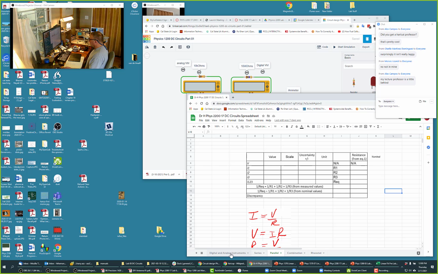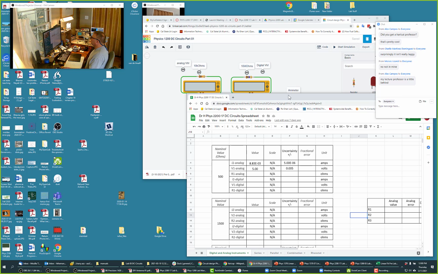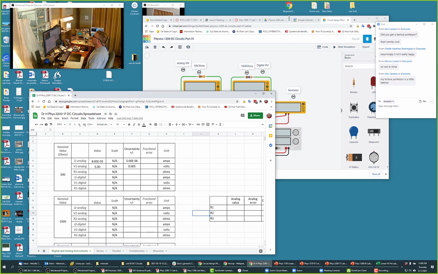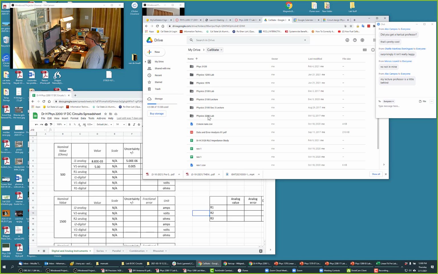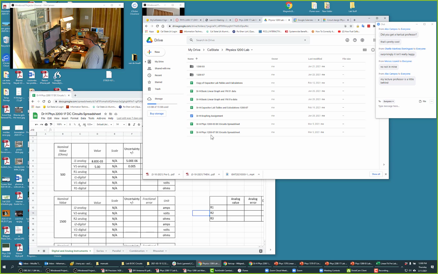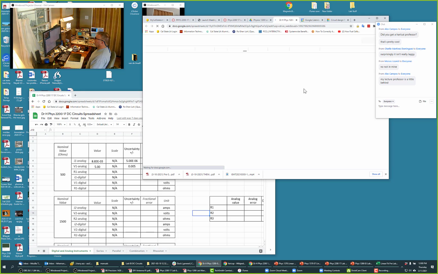Now, in fact, I notice I don't have data here, so I'm going to see about opening up another spreadsheet so that I don't have to waste time trying to get data. Let's see, DC circuits.